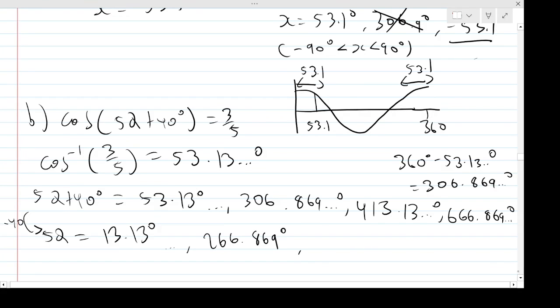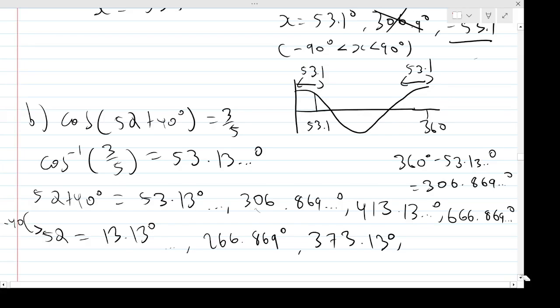And then if I subtract 40 to this next solution, I get 373.13.